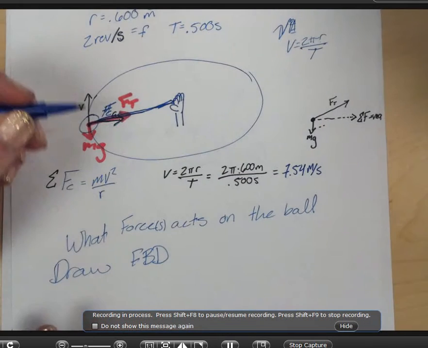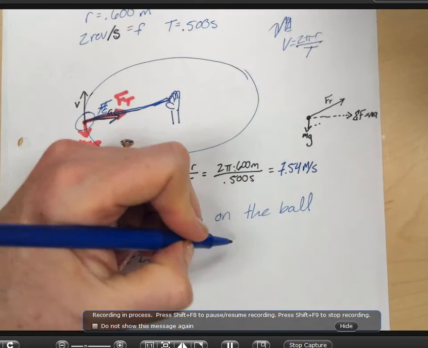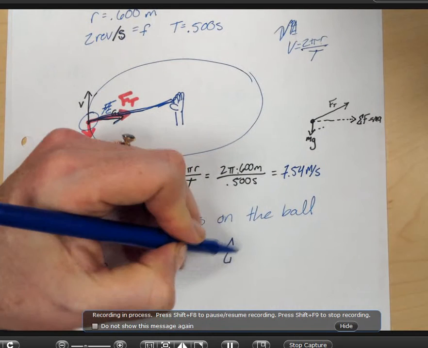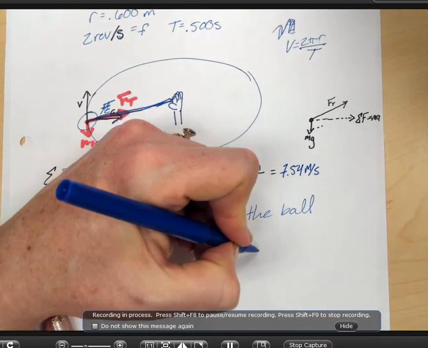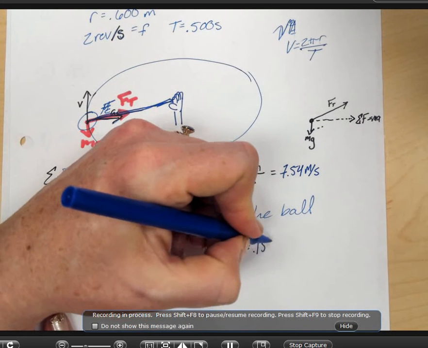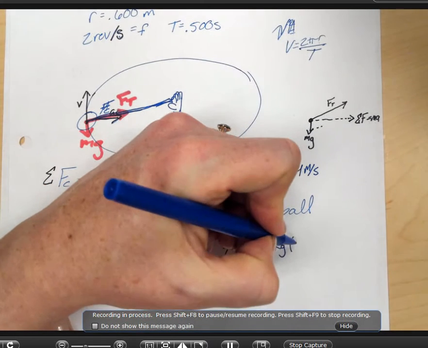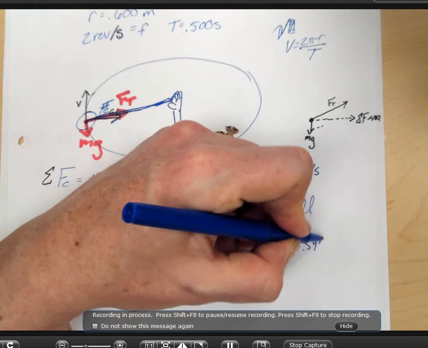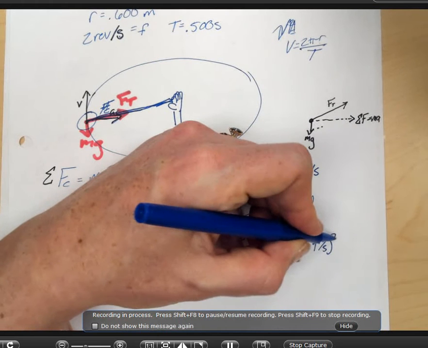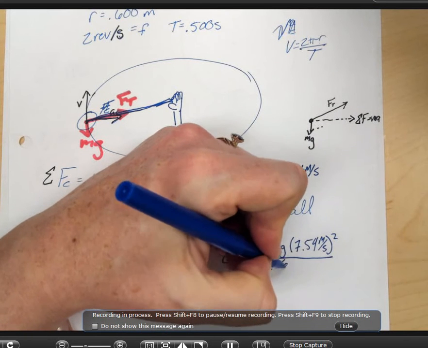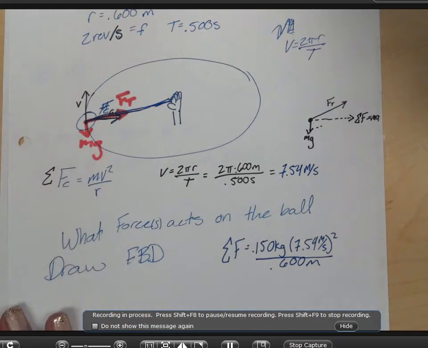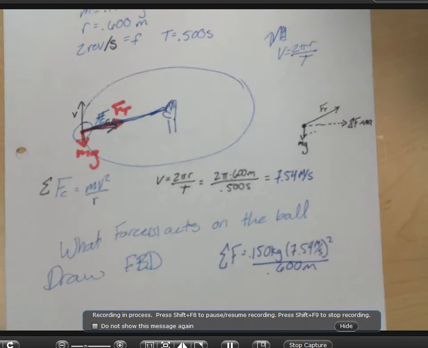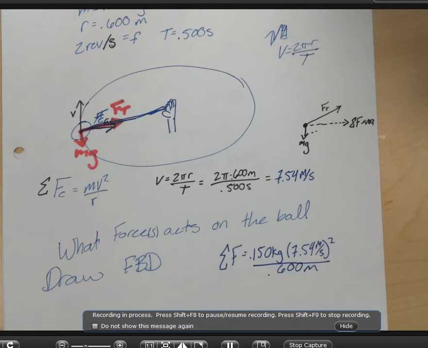So if I want to plug that into this equation, then I get that the net force is equal to the mass of the ball, 0.150 kilograms, times 7.54 meters per second squared divided by 0.600 meters. That will give us the net force.